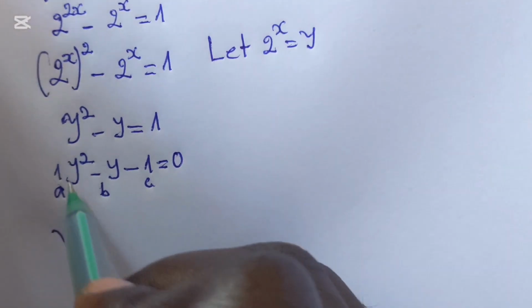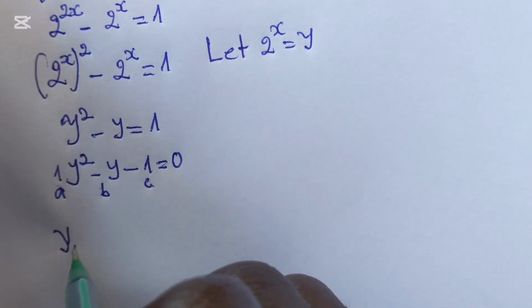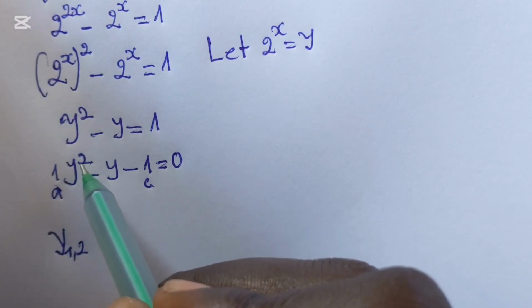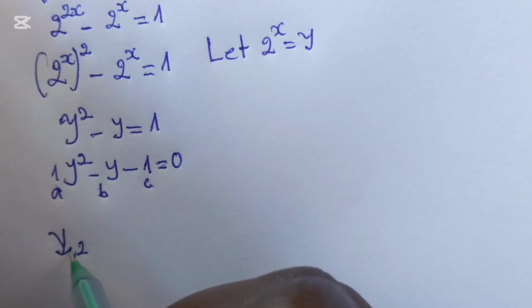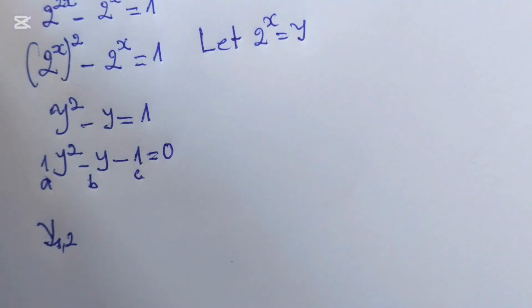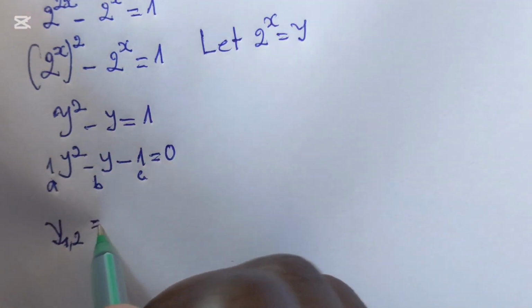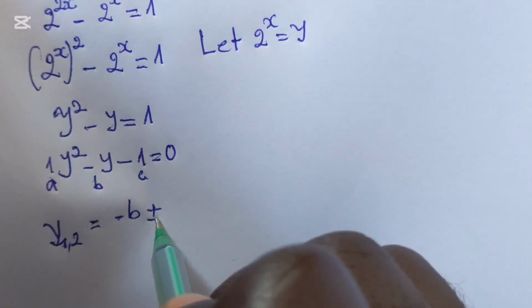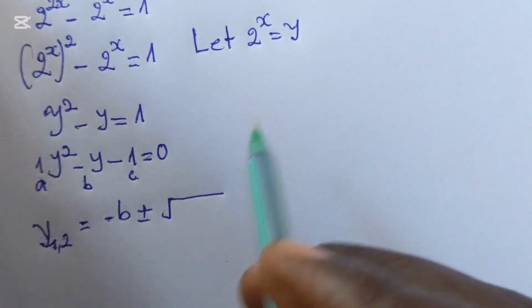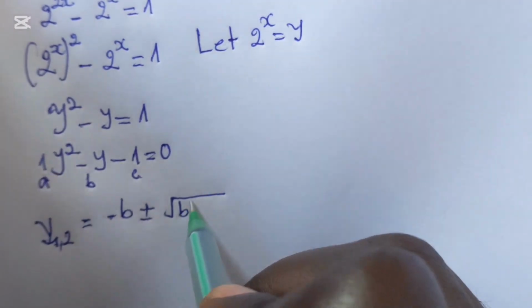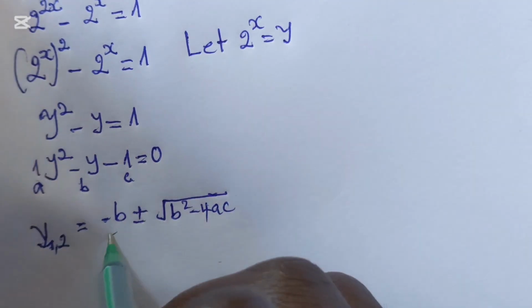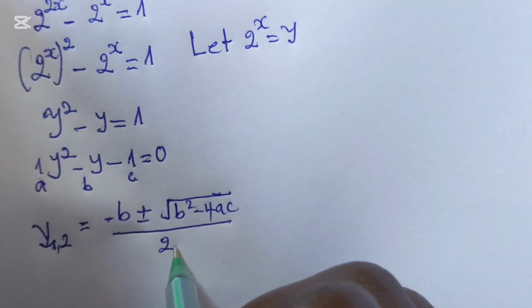Then here, because we have the highest power of 2, you know that we are going to find y1 and y2. This would be -b plus or minus the square root of b squared minus 4ac over 2a.